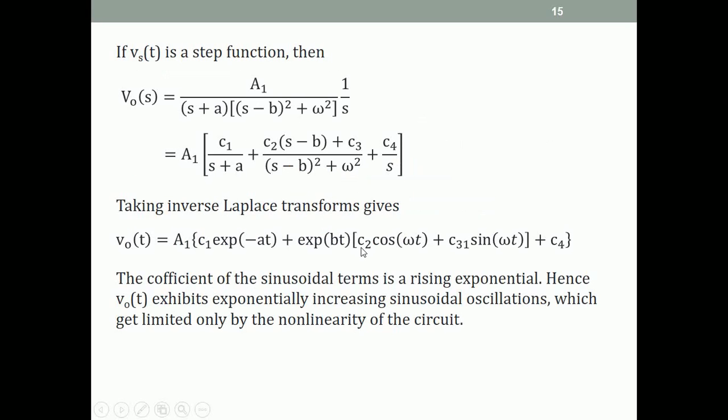What happens therefore in the transient response? If a unit step is applied, then the output shows a sinusoidal whose amplitude is rising exponentially with time. Right? This is positive feedback. This we had seen in the last lecture also.